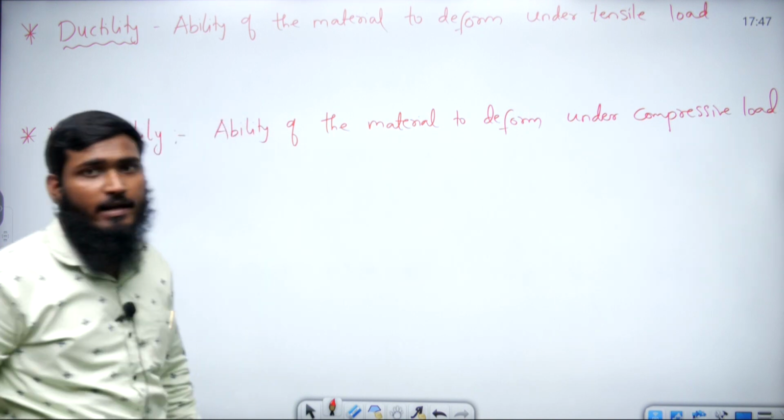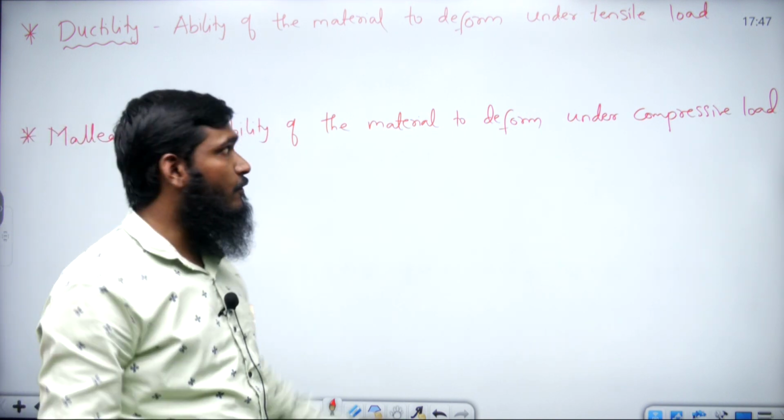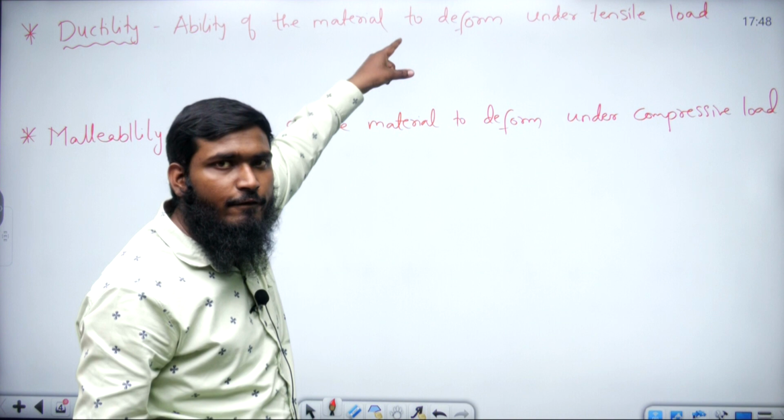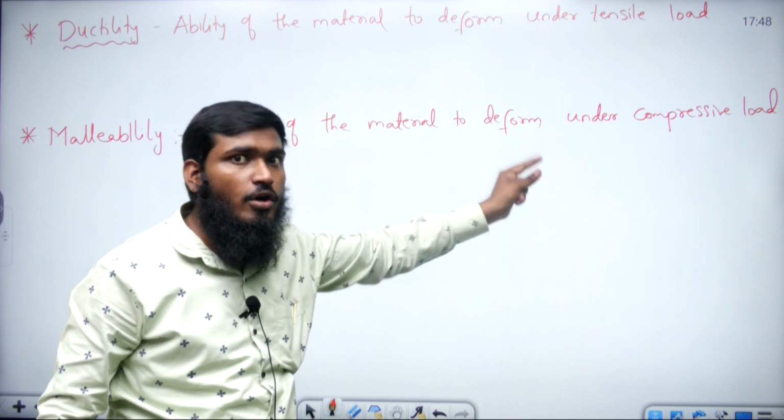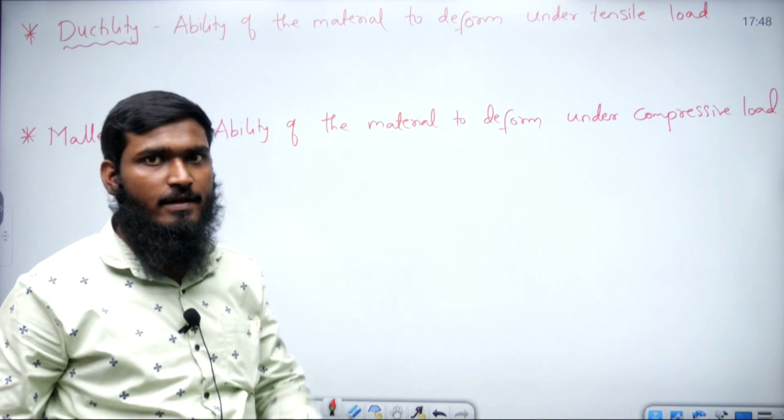Okay, ability of the material to deform under what? Compressive load. Same part we are having, ability to deform. Under which load? Tensile load. Under which load? Compressive load. Okay, so we have taken this part.